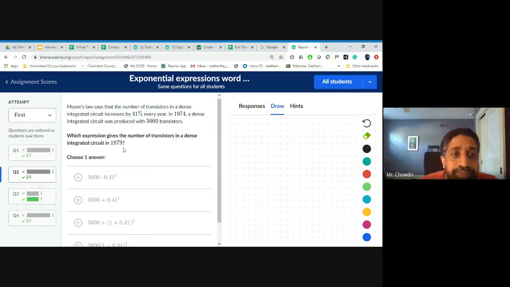All right. So in 1974, we had 5,000. And then it was increasing by 41%. So what you need to do, so 5,000 is the starting. So that's pretty easy. We got 5,000 is what we start with.